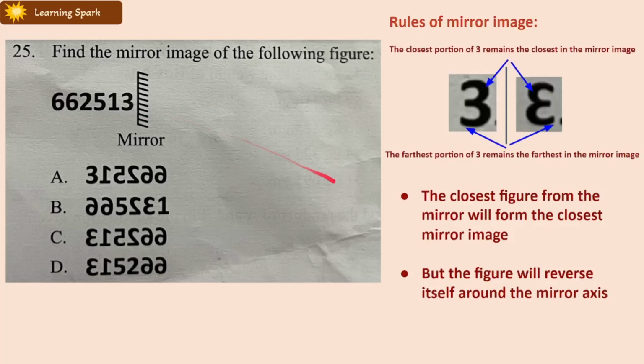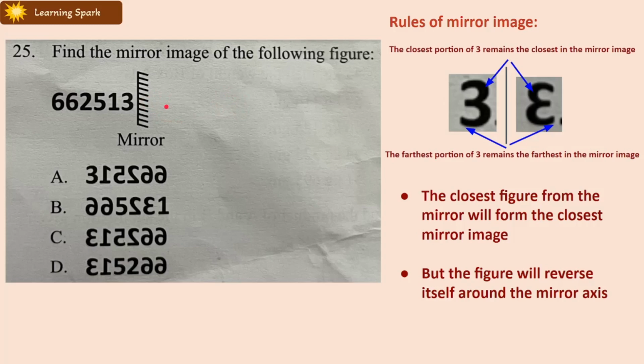Okay, the first thing is that the first rule is that the closest figure from the mirror will form the closest mirror image. Okay, so for example, here 3 is closest to the mirror and 6 is farthest from the mirror. So in the mirror image also 3 will come first and 6 will be the farthest. 6 will be somewhere here and 3 will be the closest to the mirror.